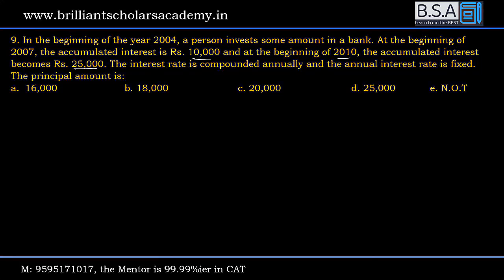The rate of interest is compounded annually, and the annual rate is fixed. What is the principal amount? So I'll give you, let us say, 2 to 3 minutes for this. Try.